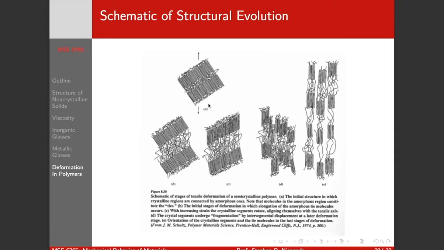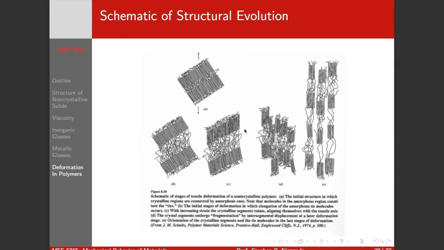So schematically, what happens? Here's our crystalline regions, here's our amorphous regions. As we pull, the amorphous regions basically stretch out, right? And they can't become fully elongated because there's cross-linking and other types of entanglements happening.